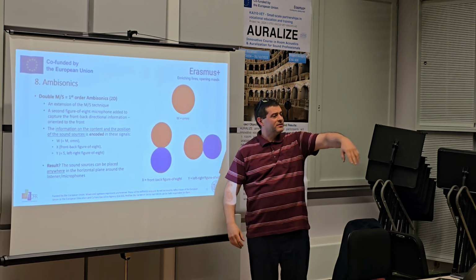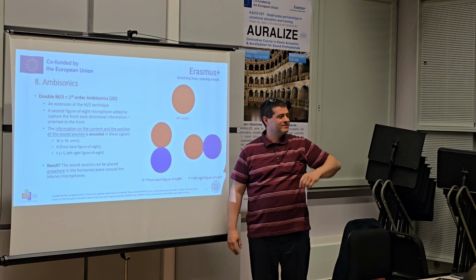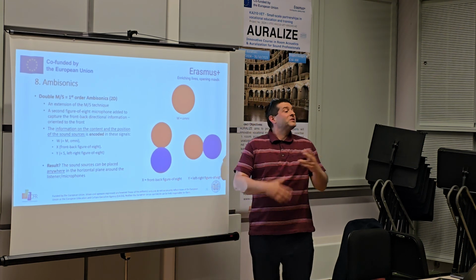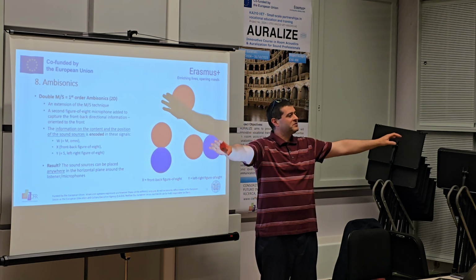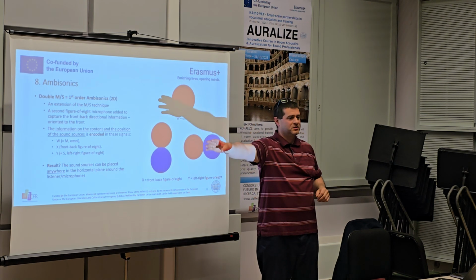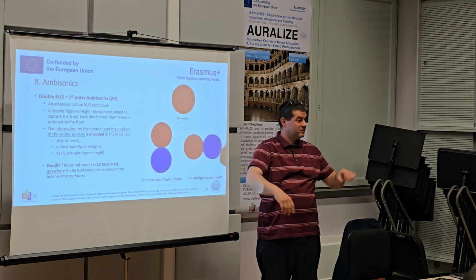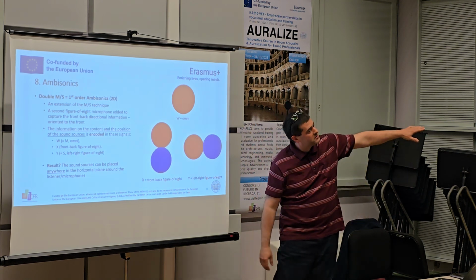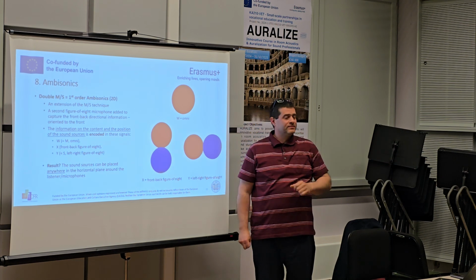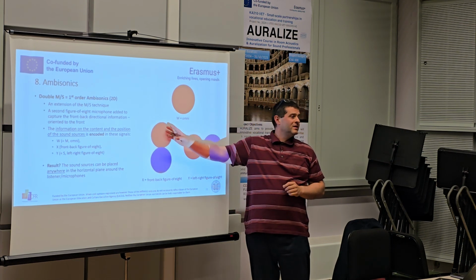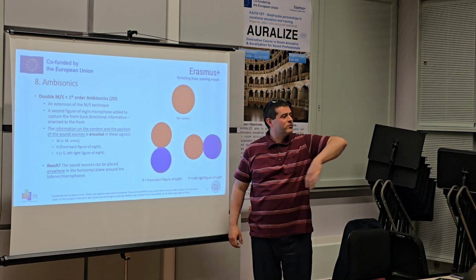One covers left-right, and the other covers front-back. If you remember the MS, we were just hoping to place the source somewhere in the stereo image to say, this is far left, this is close to the middle, this is maybe here on the right, this is far right. So we had only one dimension, from left to right. If you add the second one, you also have the information from front to back.